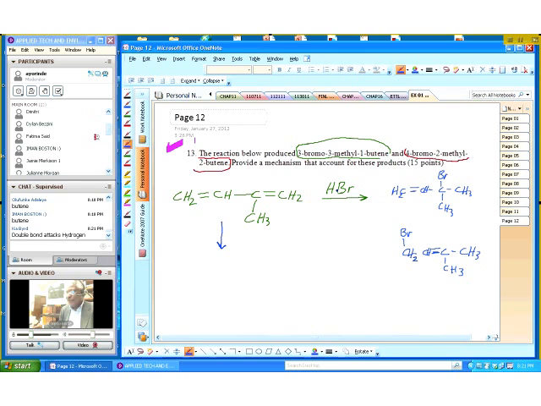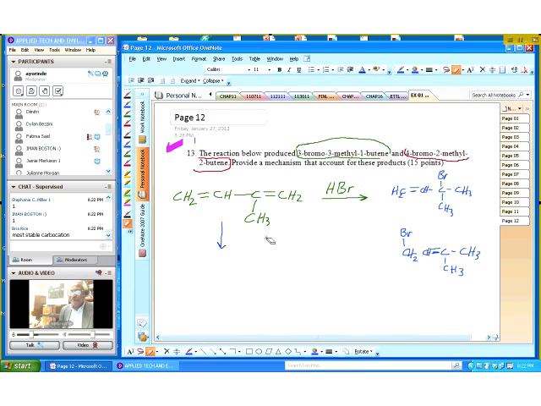Which double bond will attack the hydrogen? Let us call this one double bond 1 and this one 2. Is it the 1 double bond or the 2 double bond? One double bond. Excellent. That is correct, but why? Can anybody tell me why it is this double bond that will attack?